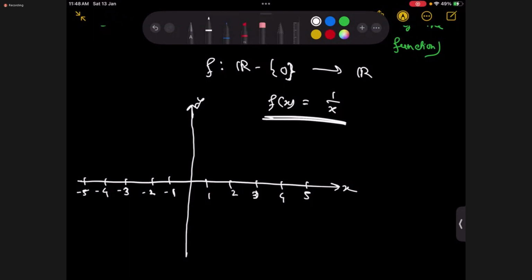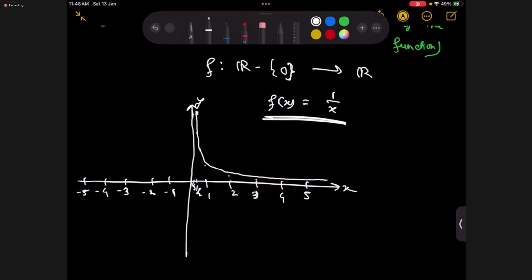If I put x equals 1, then 1; x equals 2, then 1 by 2; x equals 3, then 1 by 3, and so on. If I put x equals half, then it is 2. x equals 1 by 3, then it is 3. Like this. So the graph will be somewhat similar to the function like this.